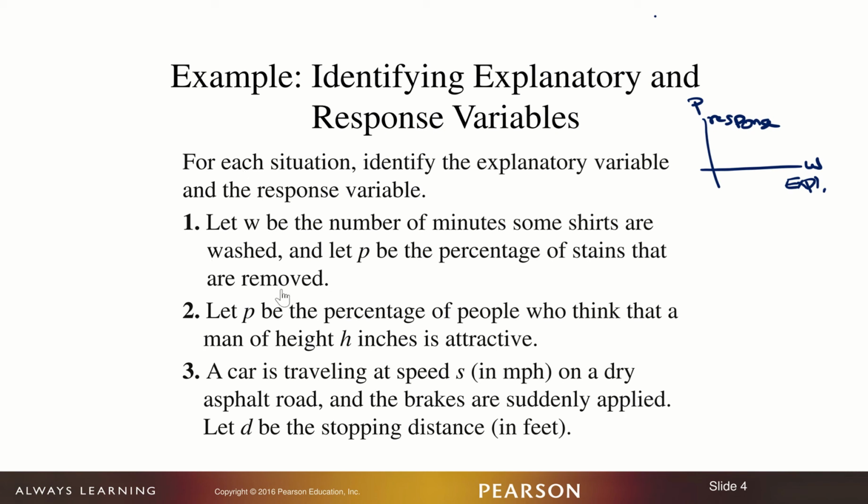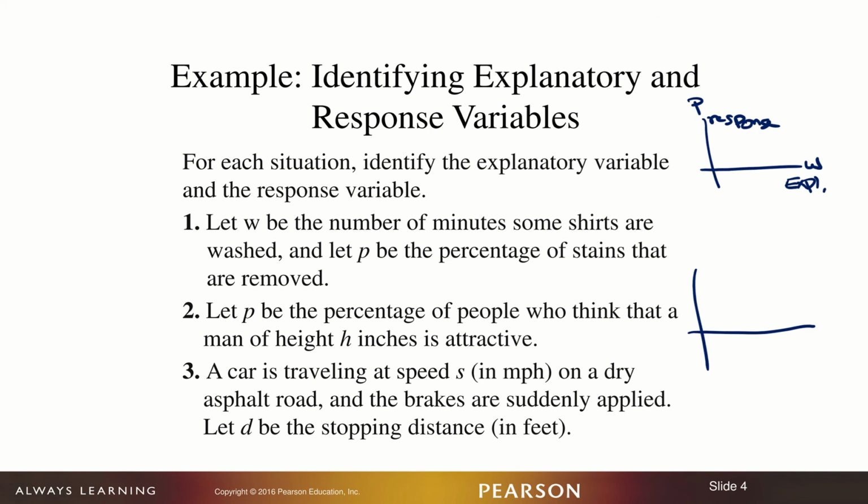For our second example, we have P is the percentage of people who think that a man of height h inches is attractive, right? So here, if we're going to be representing this situation graphically, we would put the height on the horizontal axis.